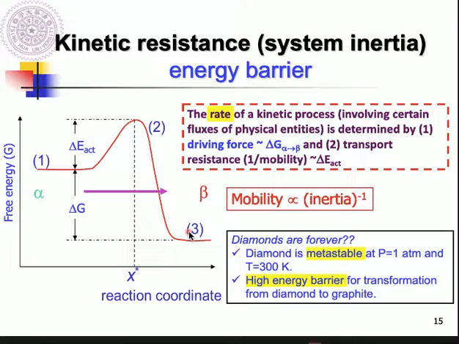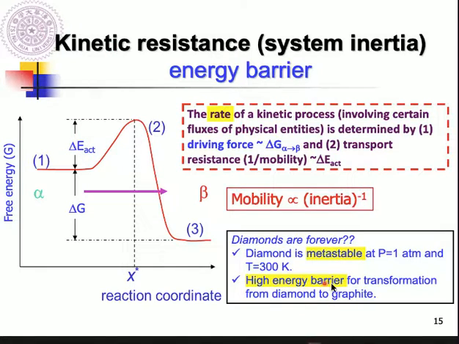Finally, all the diamonds should convert to graphite because graphite has the lowest free energy of carbon. However, thermodynamics doesn't tell you how fast this happens. So why don't we see our diamond ring converted to graphite? Because this energy barrier or activation energy is pretty high.